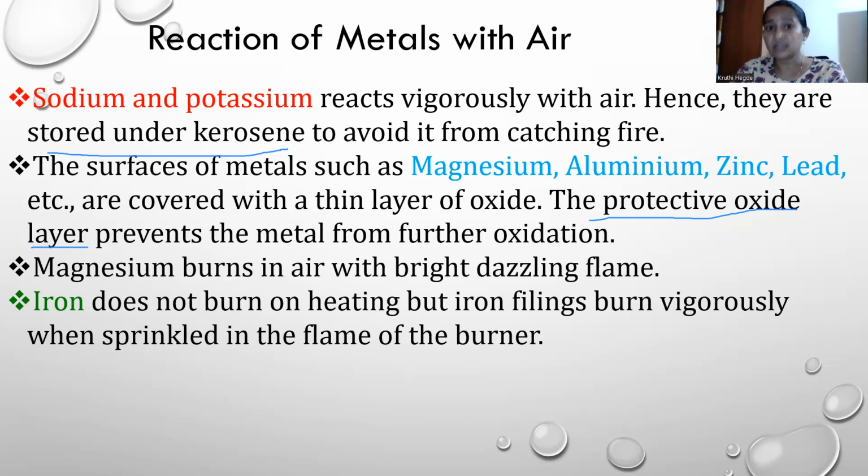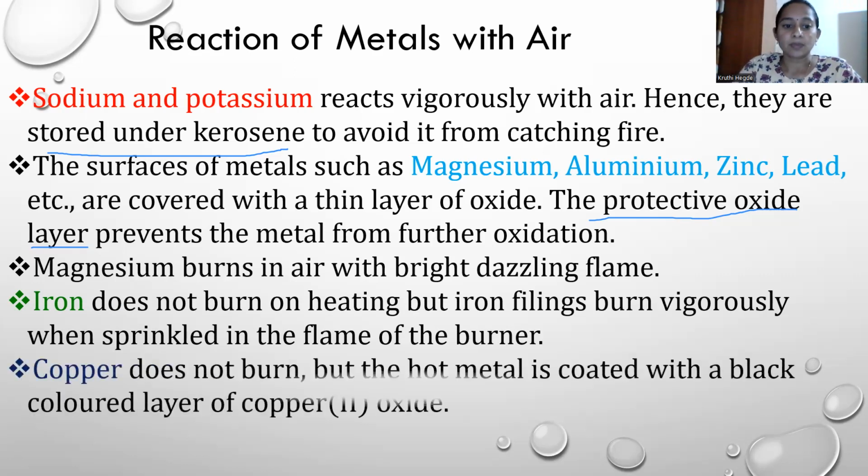Iron filings are nothing but powdered iron. Powdered iron put on the flame will burn vigorously. Vigorously means fast. Copper does not burn, but we have already discussed that copper reacts with air to produce copper oxide. A black layer of copper oxide gets formed when you burn copper.